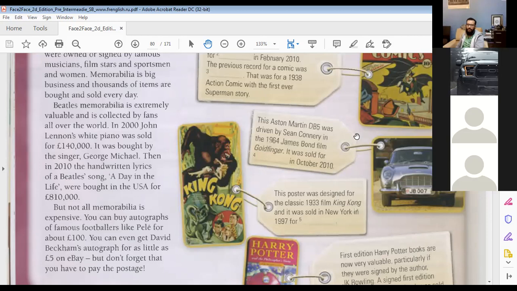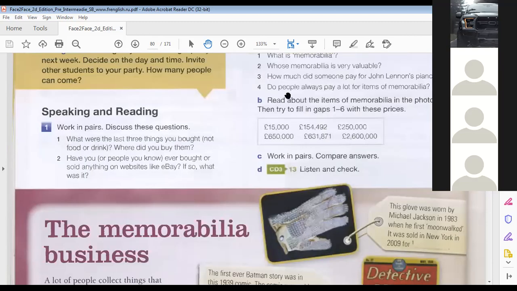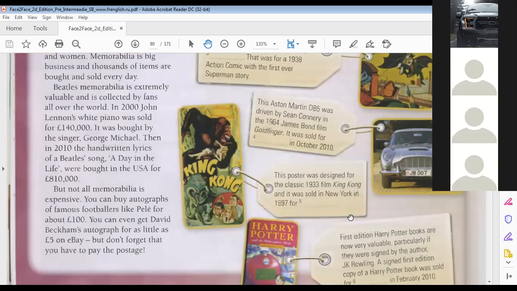What do you think, Sophia? Let's read the question again. The question says, do people always pay a lot for memorabilia? What do you think, Sophia? Do people always pay a lot for memorabilia or not always?